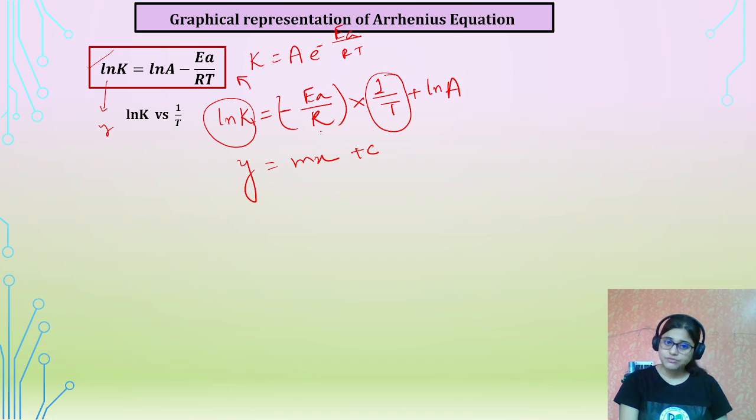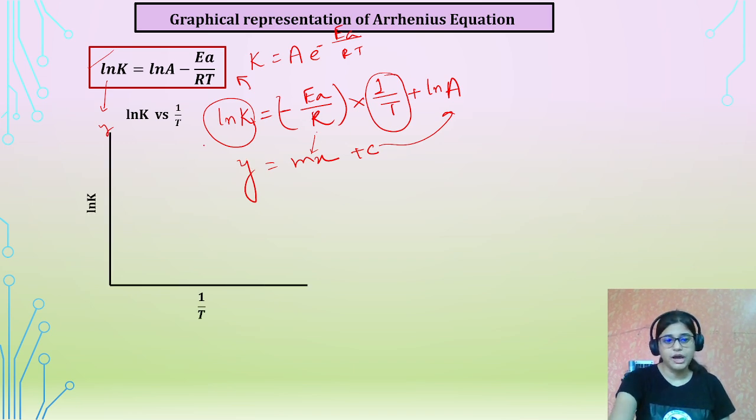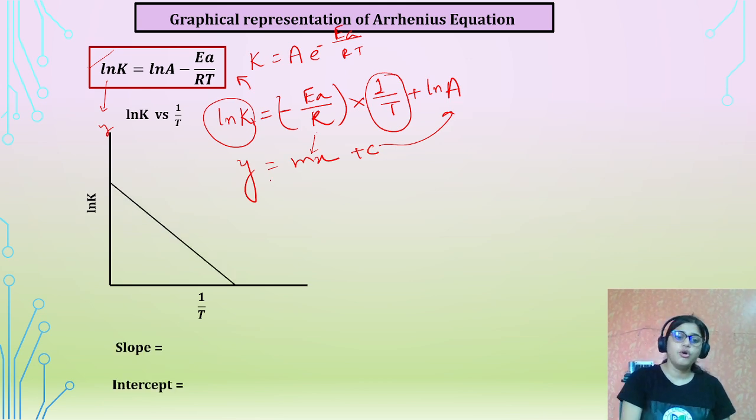This will be m, the slope, and this will be the intercept, right? So it has a negative slope. So the graph will look like this, where the slope will be minus Ea by R, and the intercept will be ln A. Fine.